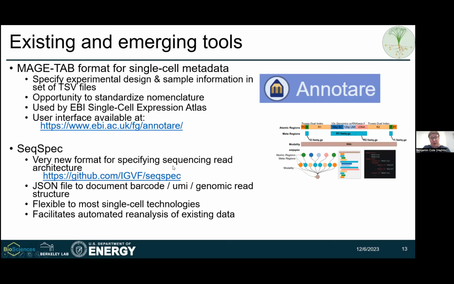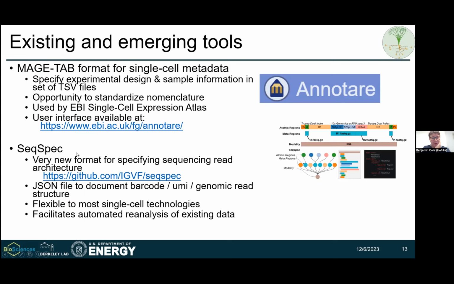And then on the metadata side, there are existing and emerging tools that are growing more adept at handling metadata. One is this MAGE-TAB format for single cell that the EBI is spearheading, also through Annotare.